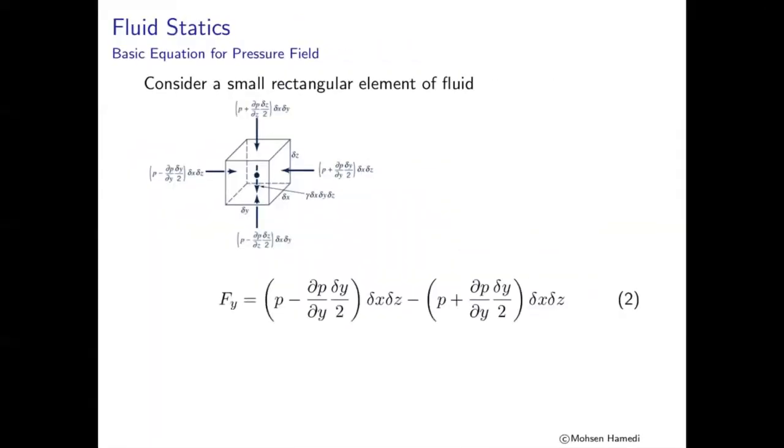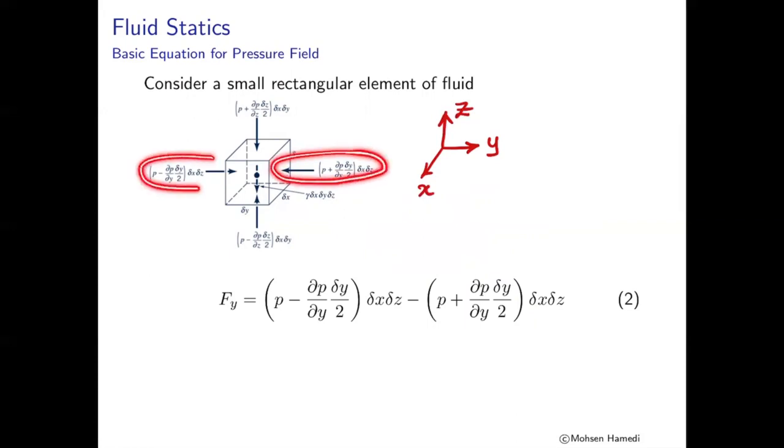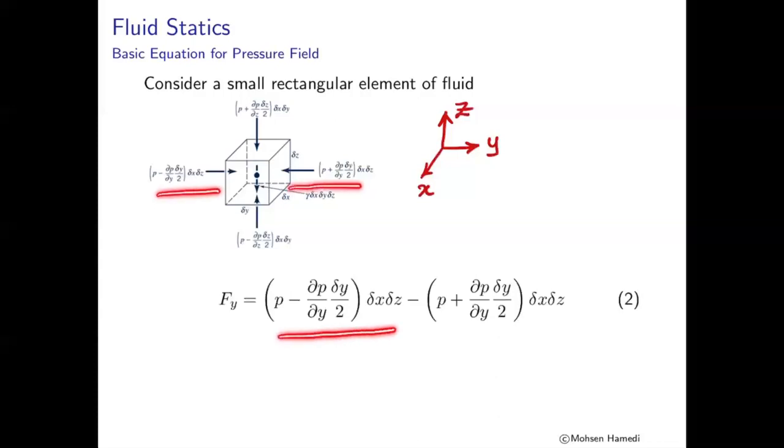So for example, if we want to write it in the Y direction, as we have in the first slide, here is the Y direction, X direction, and the positive Z direction. So these two forces are the forces that we have in the Y direction. This one is acting in the positive Y direction, so it's positive, and the other one is acting in the negative Y direction, so it has a negative sign.